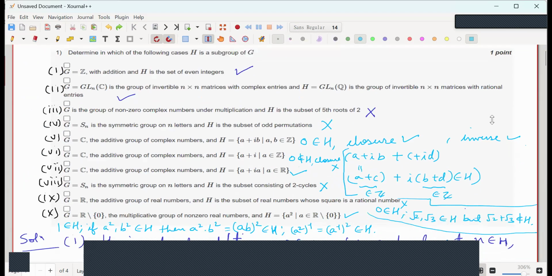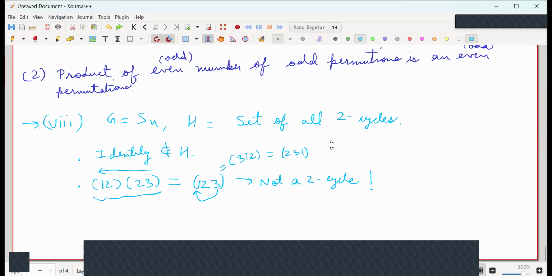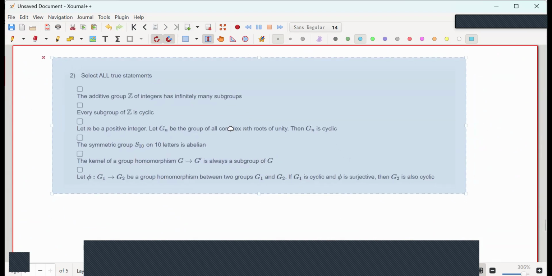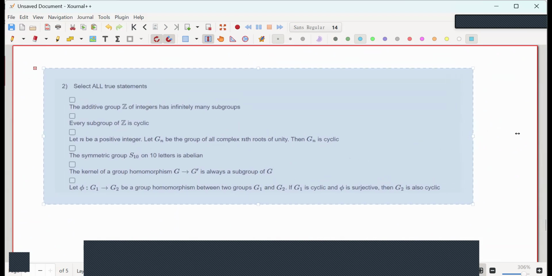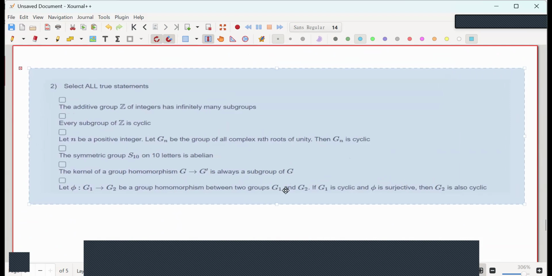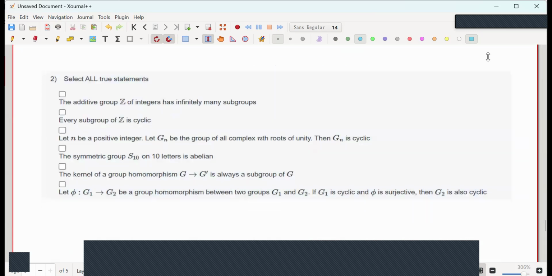If there is no doubt on question one, we can possibly move to the second question. We have some time left, so we can discuss hopefully some more. Here we need to select all statements that are true.